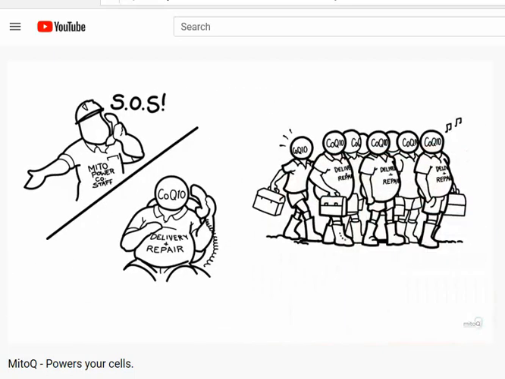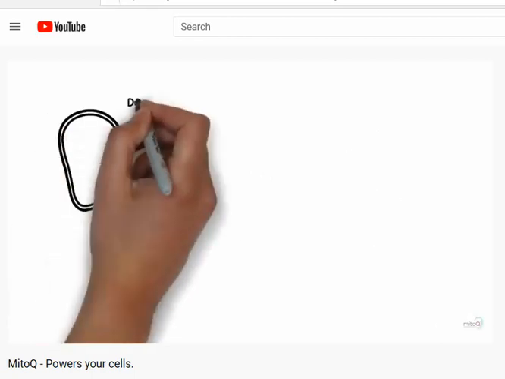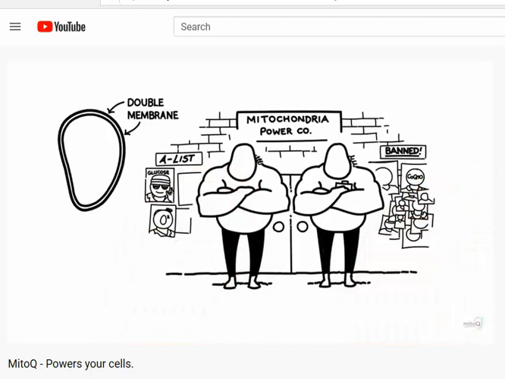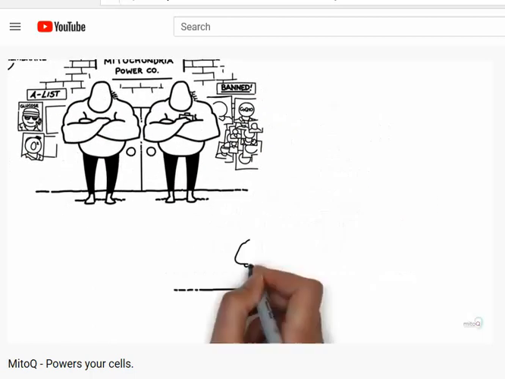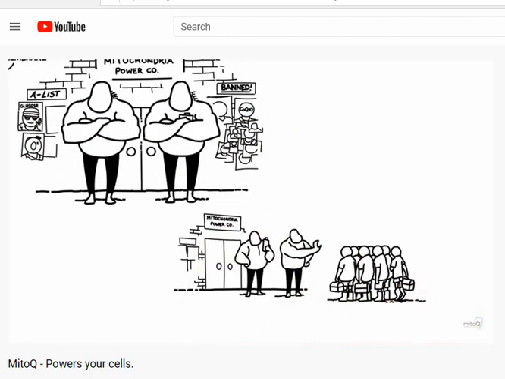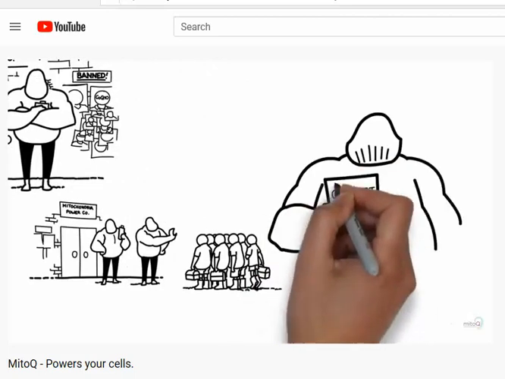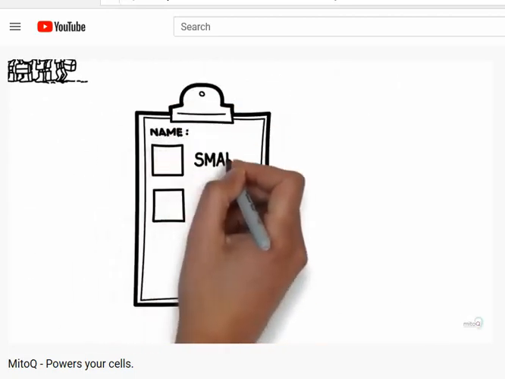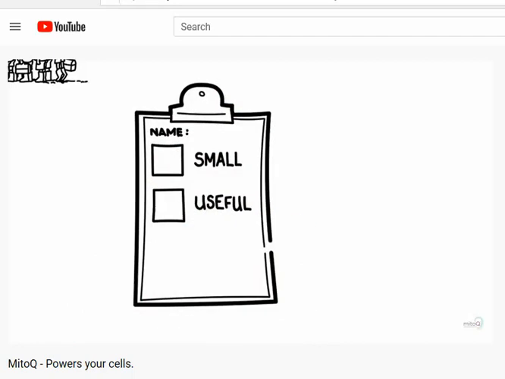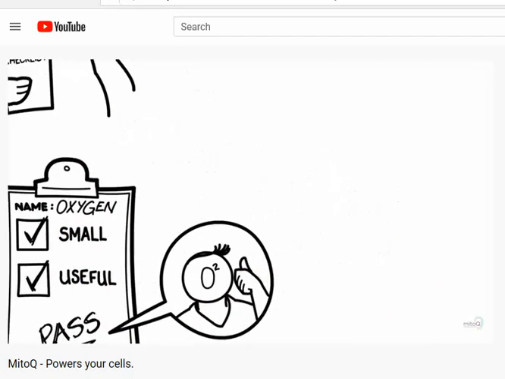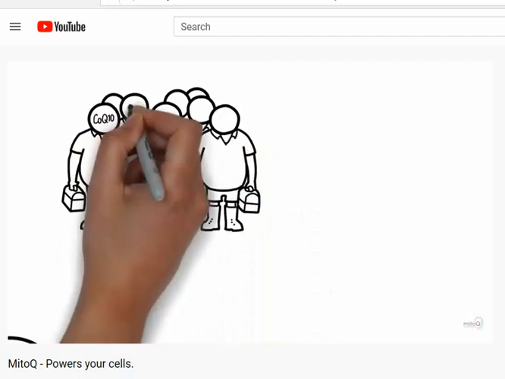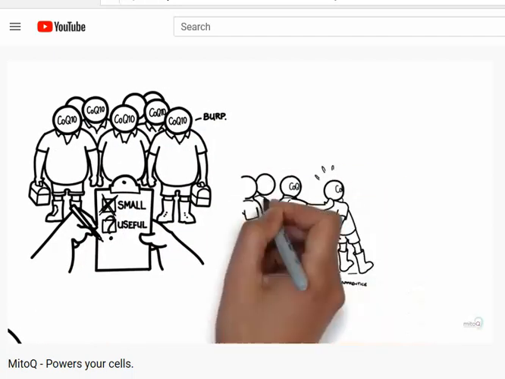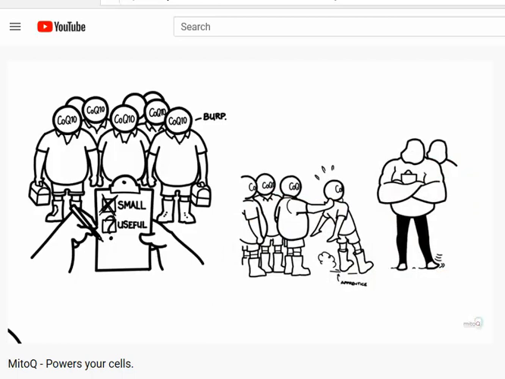That'd work, right? It would if it wasn't for a 2-layered problem, the double membrane, mitochondria's top-notch security system. These two keep a strict eye on what is and what isn't allowed to come inside the mitochondria itself. They have a simple checklist. To enter, you have to be small, And you have to be useful. Unfortunately, when outside of the mitochondria, CoQ10 doesn't check either box. Even if they bother to get fit, the double membrane doesn't forget a face.